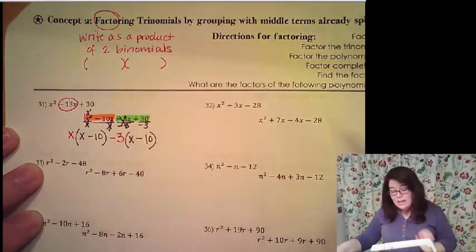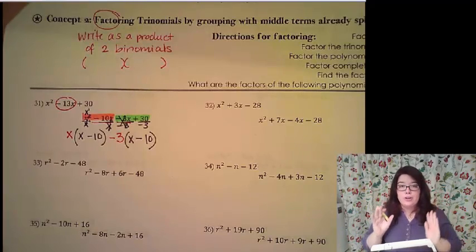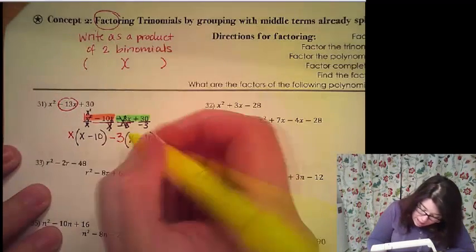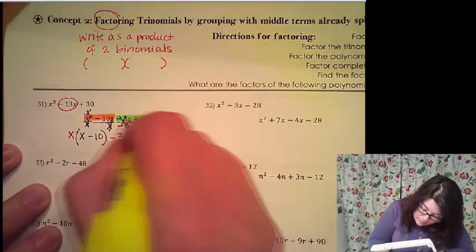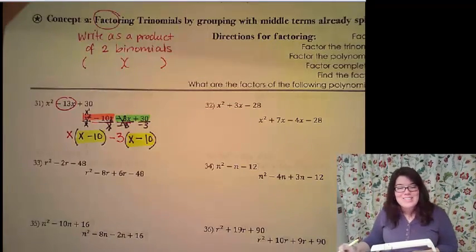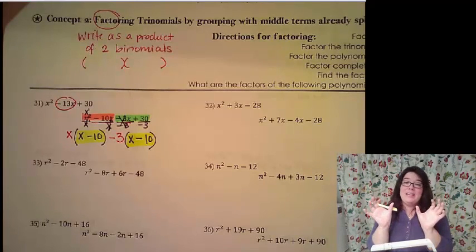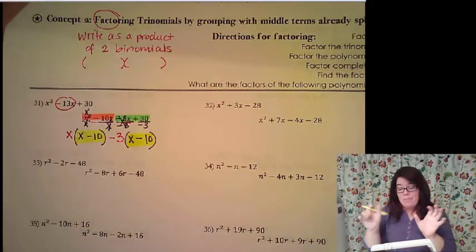Now, here's what you're looking for. Here's how you will know that you factored correctly. You will have twins. Check it out, guys. You had twins. Congratulations. You will have the exact same term in your binomials for this step.